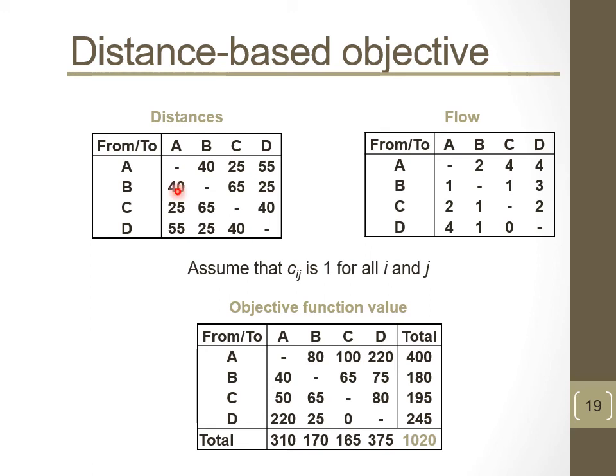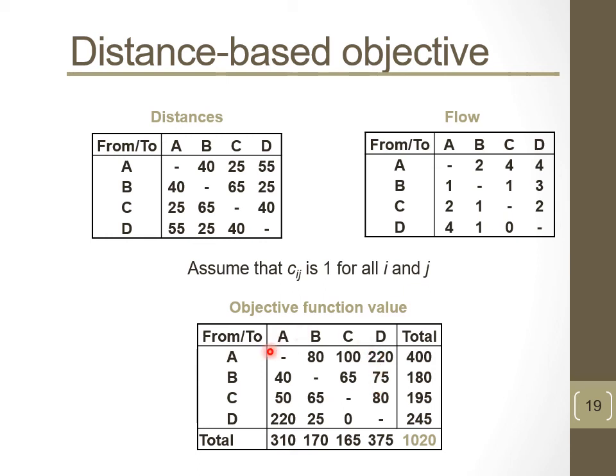So we multiply each term of the first matrix with the corresponding term of the second matrix, and we multiply it with 1 and we obtain this. If the cost was not 1 but 2, then each value here would be doubled.